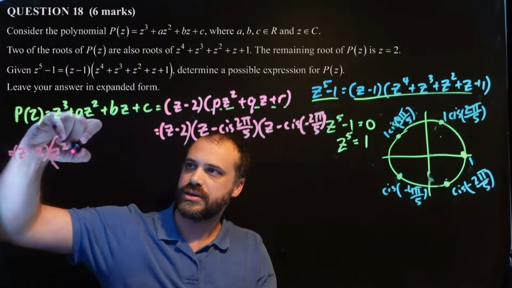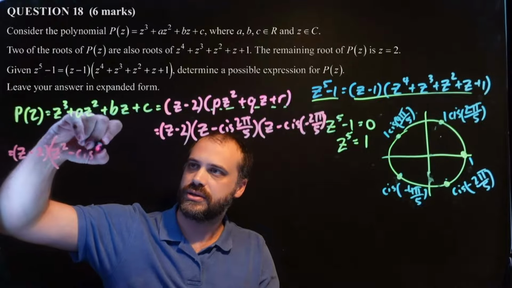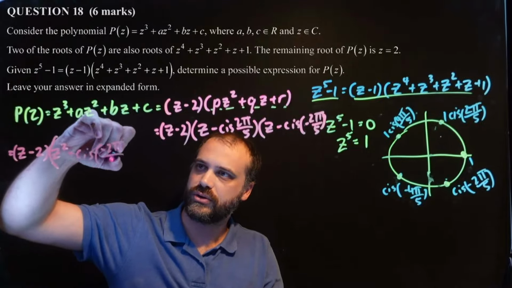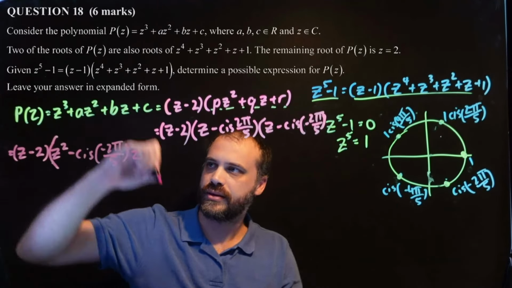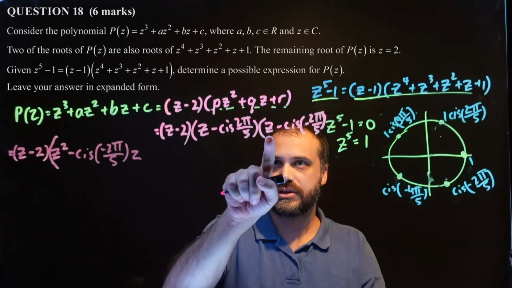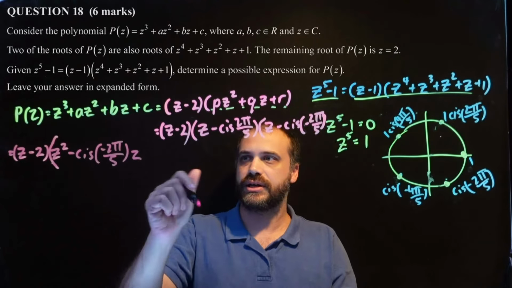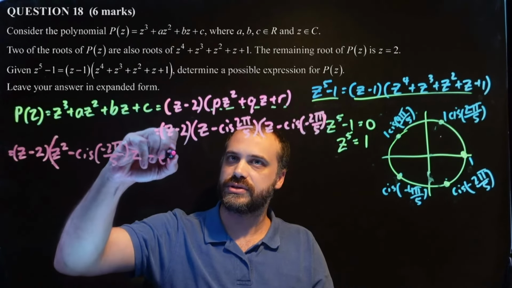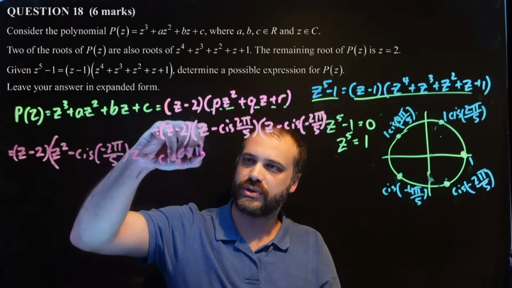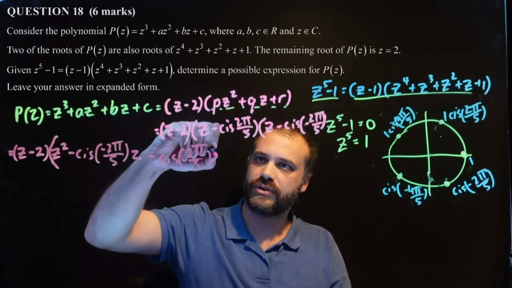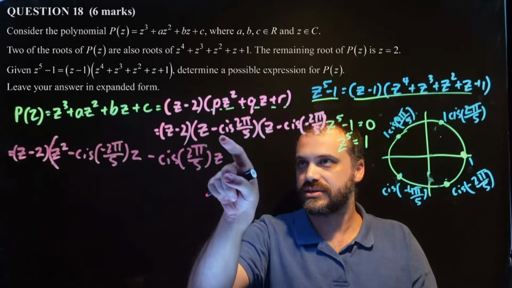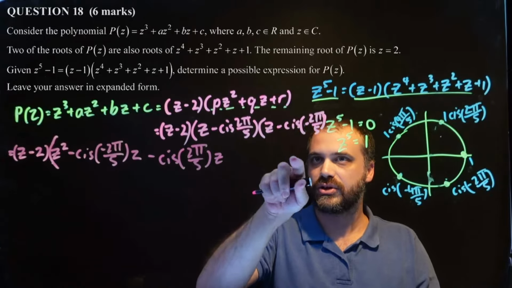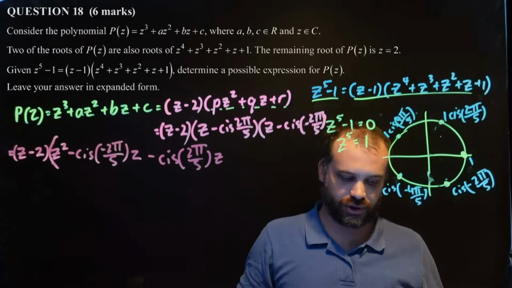So it's going to be negative cis negative 2 pi on 5 times the z. And then the next term is going to be this times this. So again, it's negative cis, and this time it's the positive angle, 2 pi on 5, times z. And then it's this, negative cis 2 pi on 5 times negative cis negative 2 pi on 5.